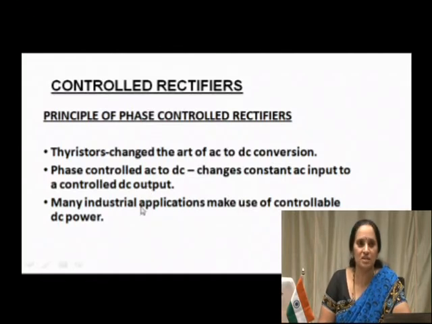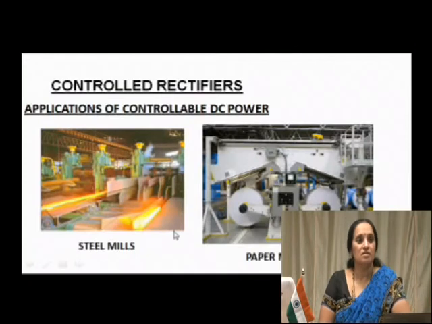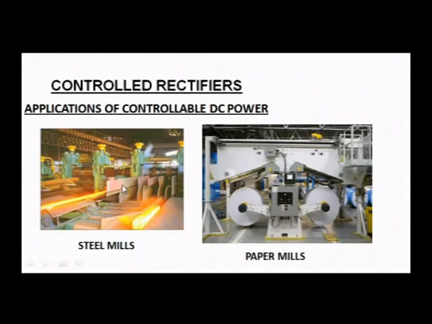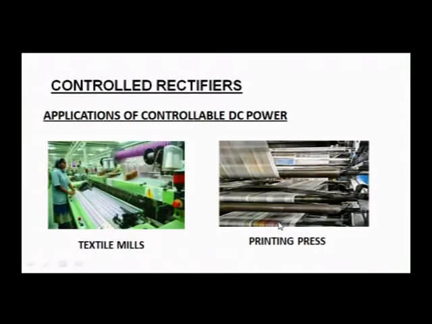Numerous industrial applications make use of controllable DC power, hundreds and thousands of them, and this controllable DC power is obtained from controlled rectifiers. Let us see what those applications are. The first application is in steel mills and paper mills, where DC motor drives are used for production of steel and paper of all different qualities.